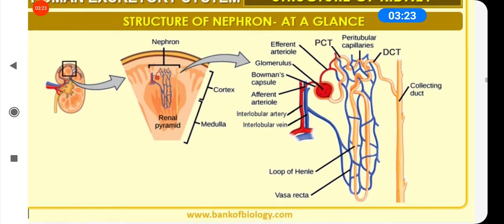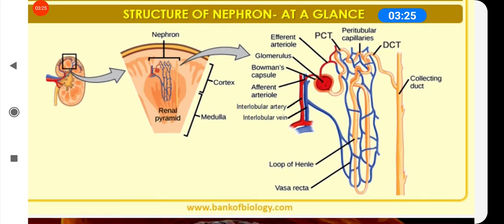You can see over here, this is the complete diagram of nephron. I am repeating its labels again. Bowman's capsule, glomerulus, afferent arteriole, efferent arteriole, giving a network of capillaries which is called the vasa recta.